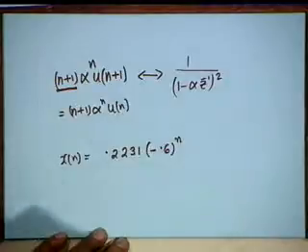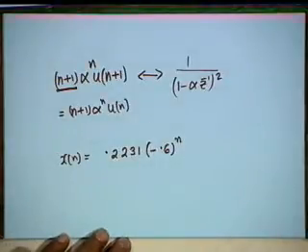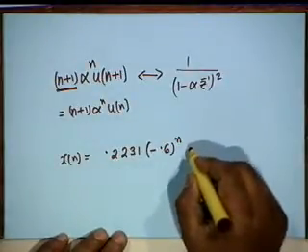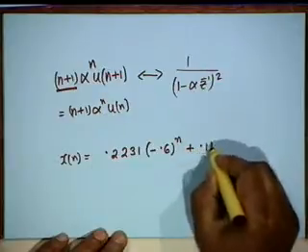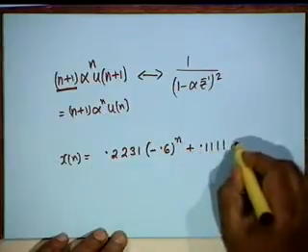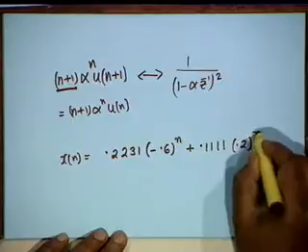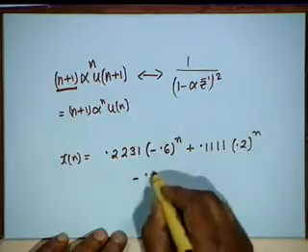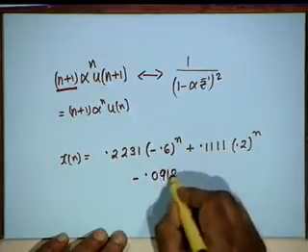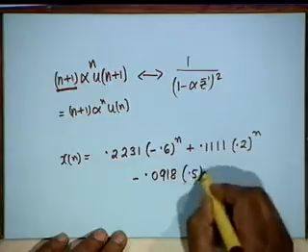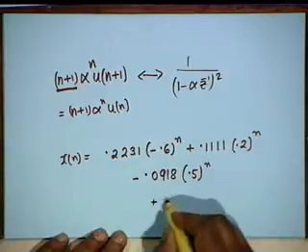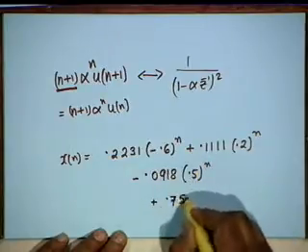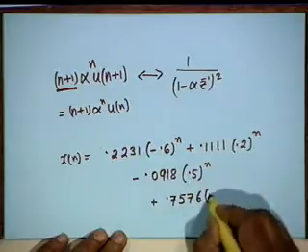You should go as many places as your calculator or computer allows. 0.1111 times 0.2 to the power n, minus 0.0918 times 0.5 to the power n, plus 0.7576 times n plus 1.